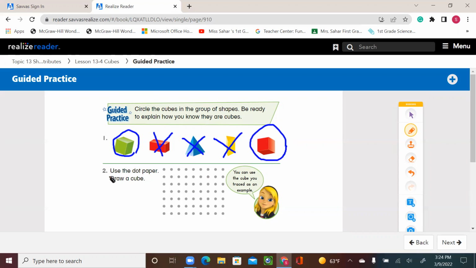Awesome. Now use the dot paper and draw a cube. Okay, so first I'm going to draw a square, and then I draw the line.